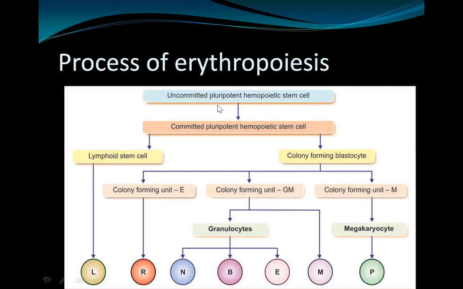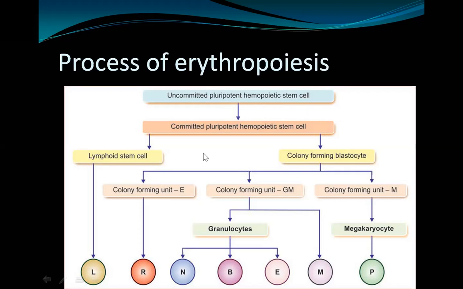Pluripotent means it can produce many cells. So we start with the uncommitted pluripotent hemopoietic stem cell. It is not committed to producing one type of blood cell. It can produce either the red cells, white cells, or platelets.